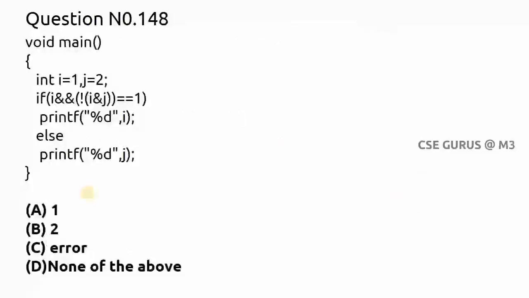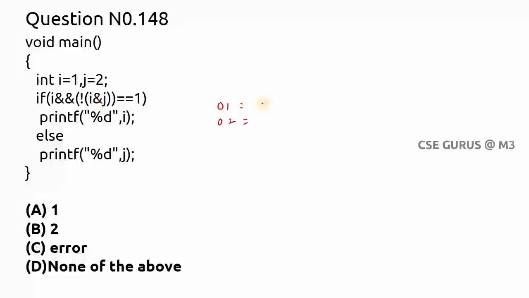Coming to question number 148. So i value is 1, j value is 2. Now let us see how this if condition will be executed. Inside the brace, first priority I'll take i and j. What is i value? 1, and j value is 2. Here it is the bitwise AND operator.